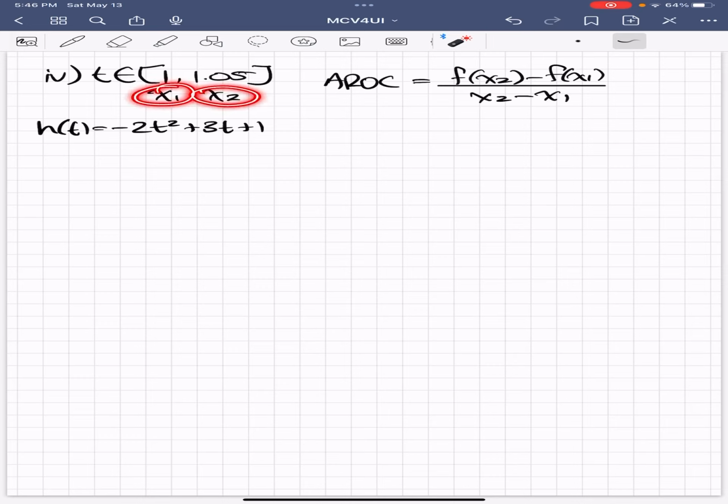x2 and x1 are 1 and 1.05. So we're going to plug those numbers into this formula.